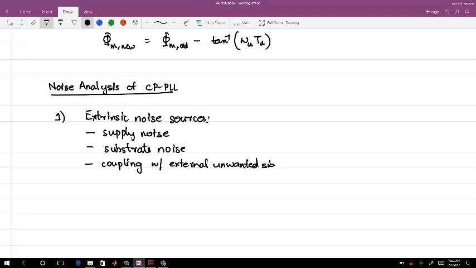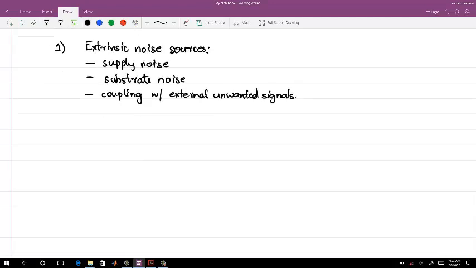Okay. They are the extrinsic noise sources. When you design the PLL, you see how much of the extrinsic noise is coupling to the PLL, and then try to eliminate it or suppress it, whichever way you can do it.